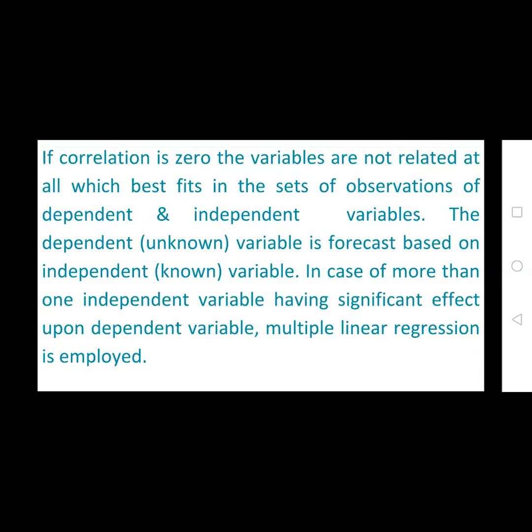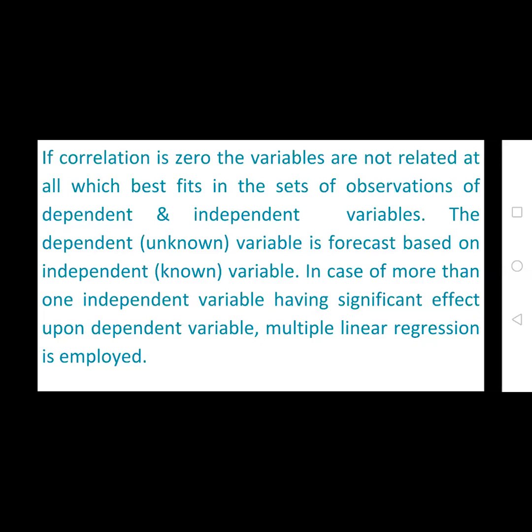If correlation is zero, the variables are not related at all, which best fits in the sets of observation of dependent and independent variables. The dependent variable is forecast based on the independent variable. The dependent variable, the demand, is estimated with the help of an independent variable.